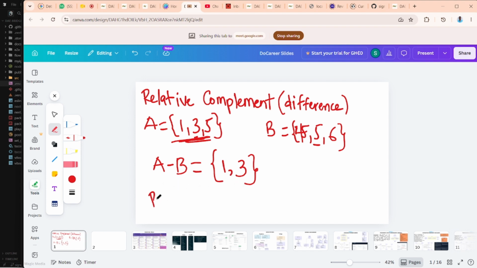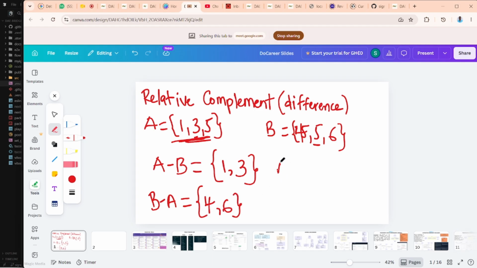If you do B minus A, you take B and then you remove anything that's inside A. So you see that 4 belongs to only B, 5 belongs to both of them, so you ignore it, and 6 belongs to only B. So then you have this.